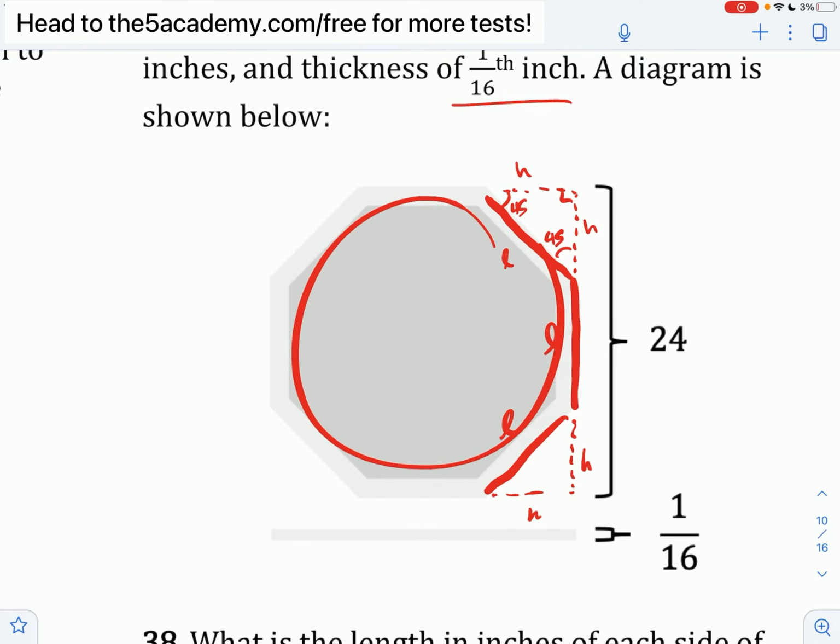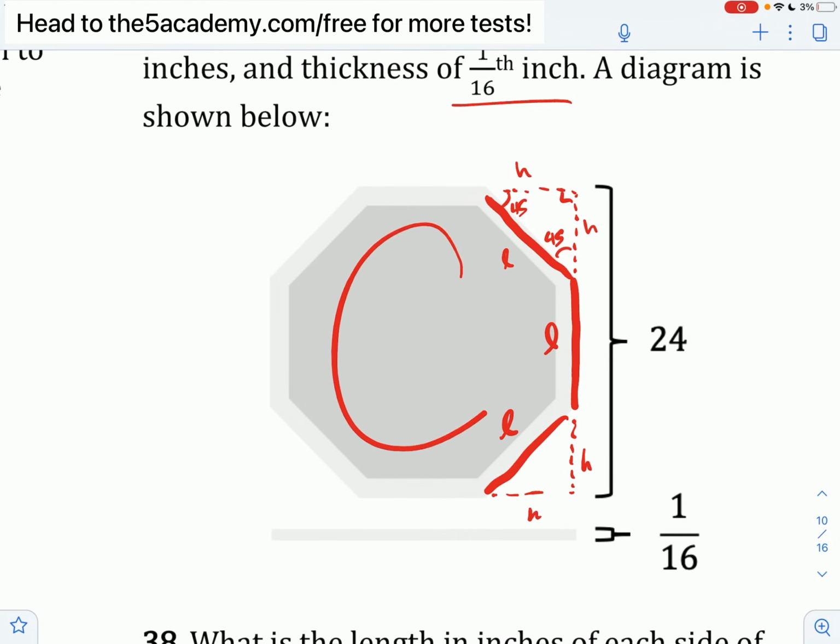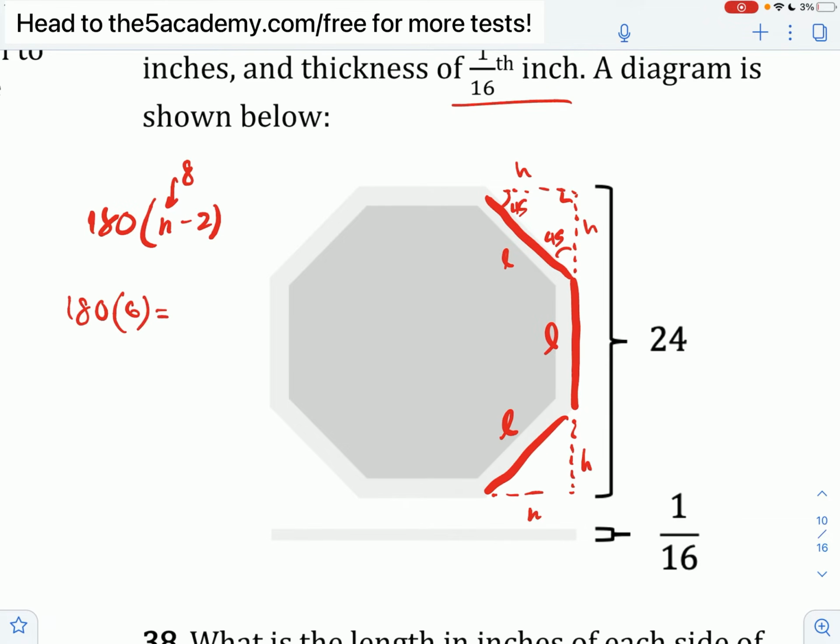If they're all equal, you can actually find the interior angle measures. So the interior angle sum of an 8-sided shape is going to be 180 times n minus 2, where n is equal to the number of sides, which is 8. So 180 times 6 is going to be 1080. That means that each of these is going to be 1080 divided by 8, which is 135.